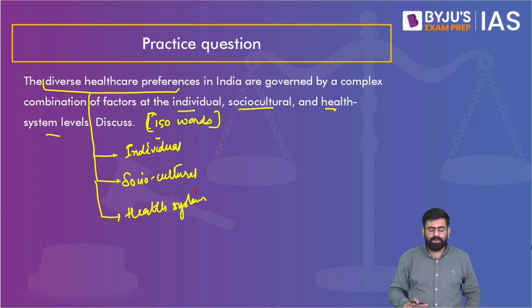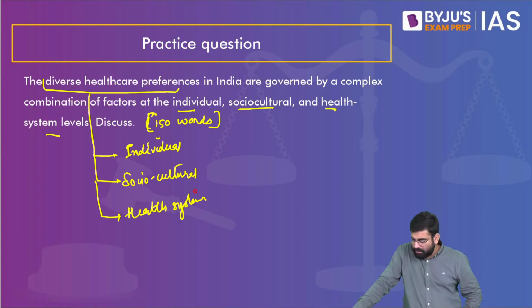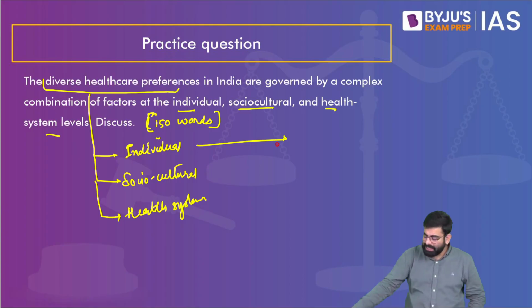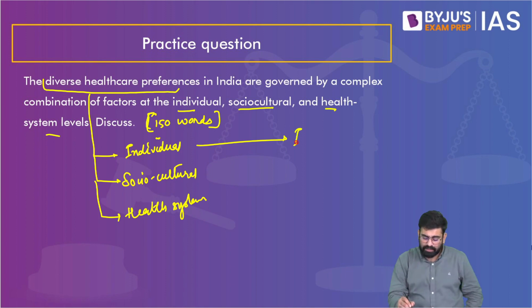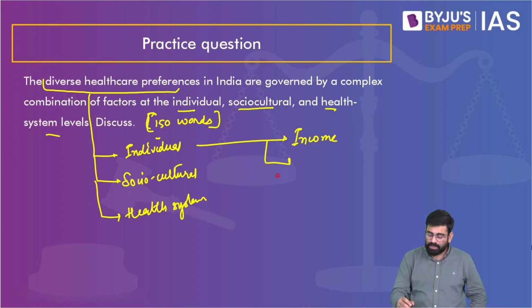Now think of the diverse healthcare preferences in all these dimensions, in all these factors. Okay, starting with the individual level. On the individual level, what can shape your preferences when it comes to the healthcare system? Great, your income, your levels of education and awareness, great.